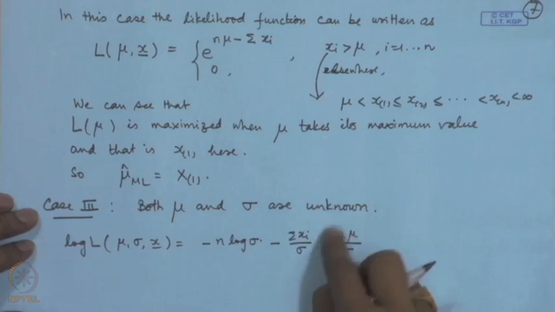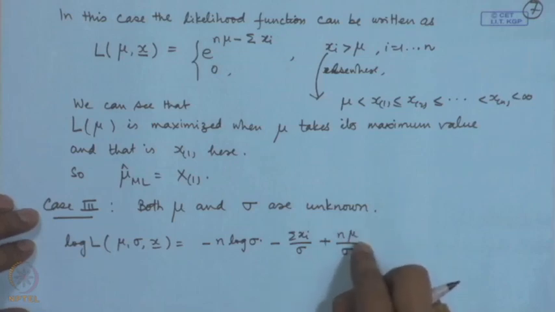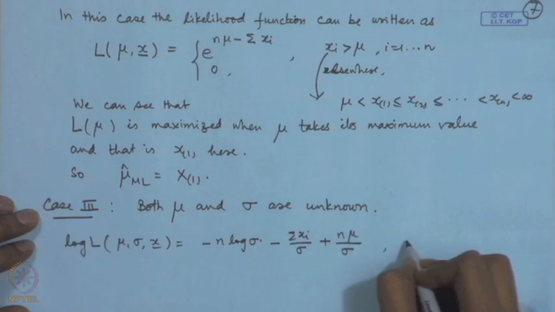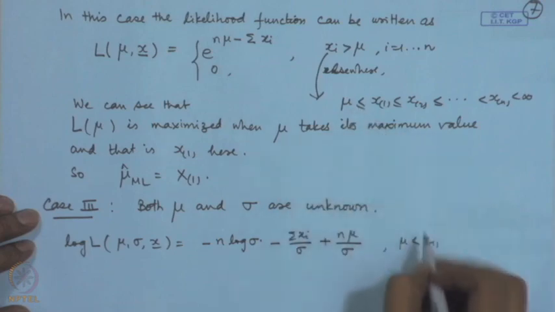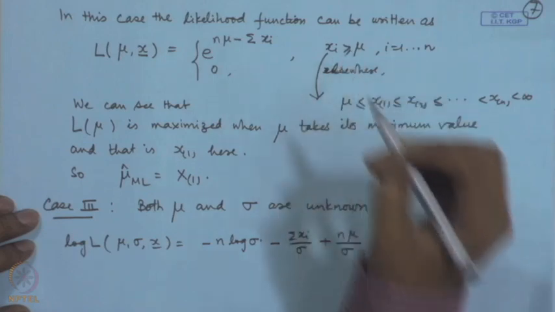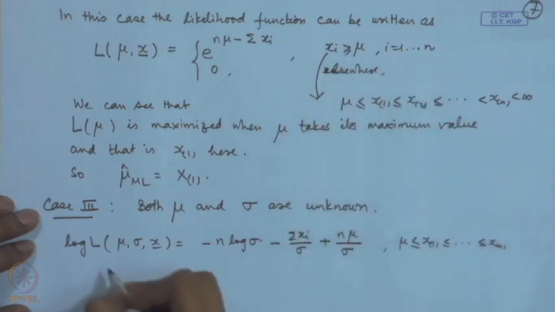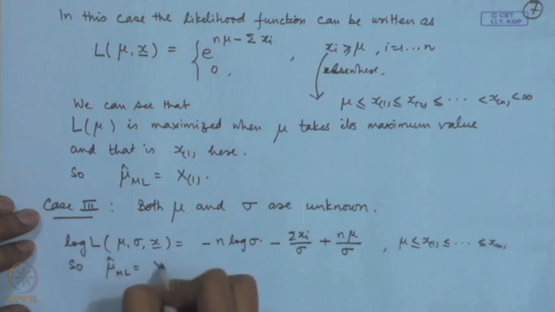Now, you can see here the role of mu is quite different, and when we consider the maximization with respect to mu, it will be attained at the maximum value of mu. So, we can easily see that, as before, the maximum value that it can take is x_1, so mu hat ML will remain to be x_1.